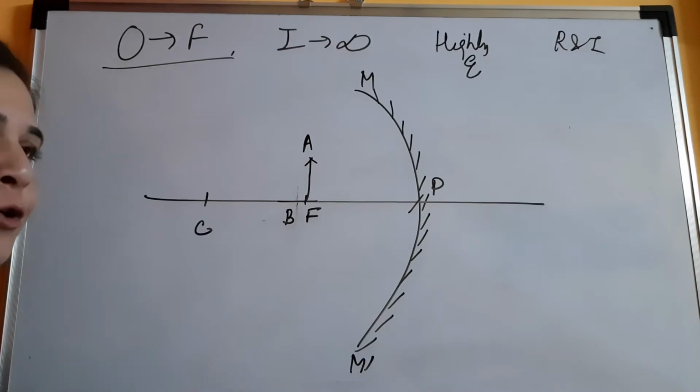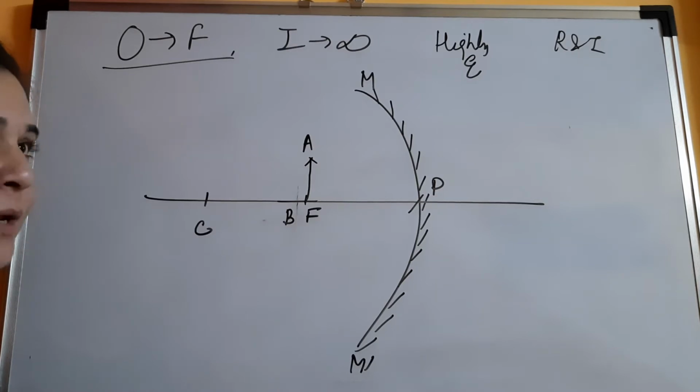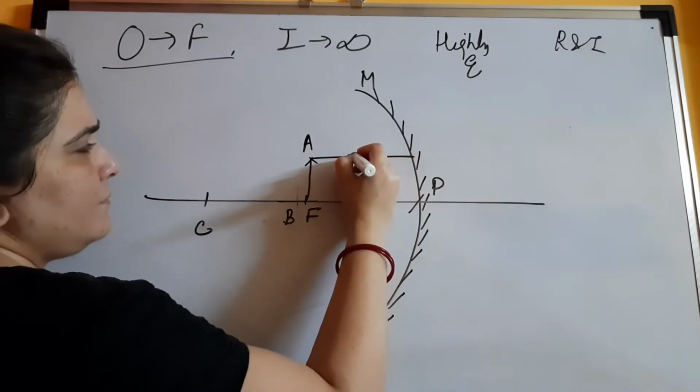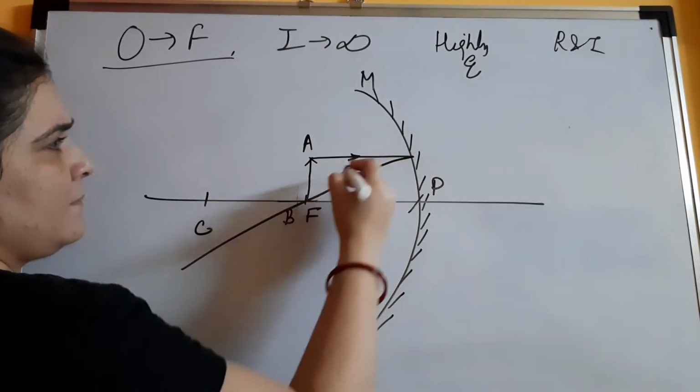Now in order to draw the ray diagram, minimum you have to take two rays, and maximum you can take as many as you want, but rules are only 4. So you can take 3 or 4 rays only. Fine. So we are going to take 2 rays over here. First rule is parallel ray will always pass through focus.